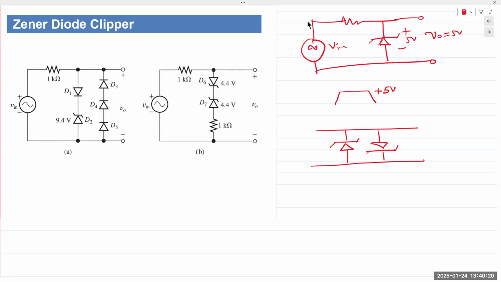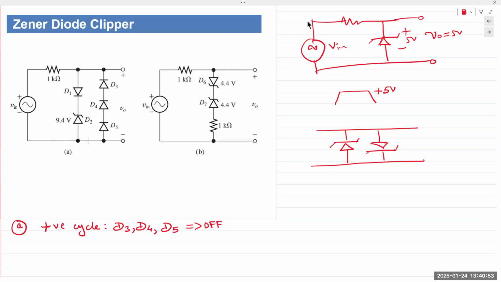So for us to analyze figure A, the positive cycle, D3, D4, D5 are all off. So they are redundant for the analysis for the positive half cycle, right? Because they are always going to remain off.